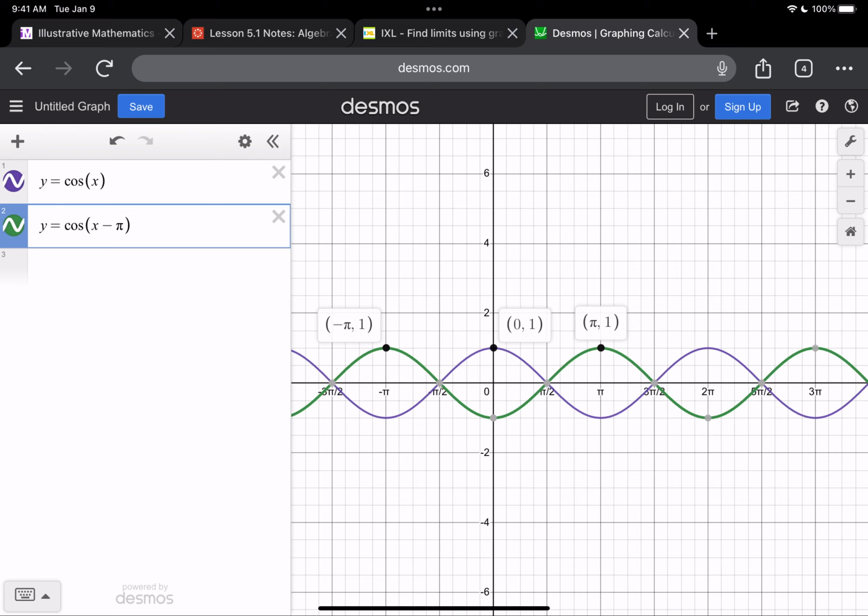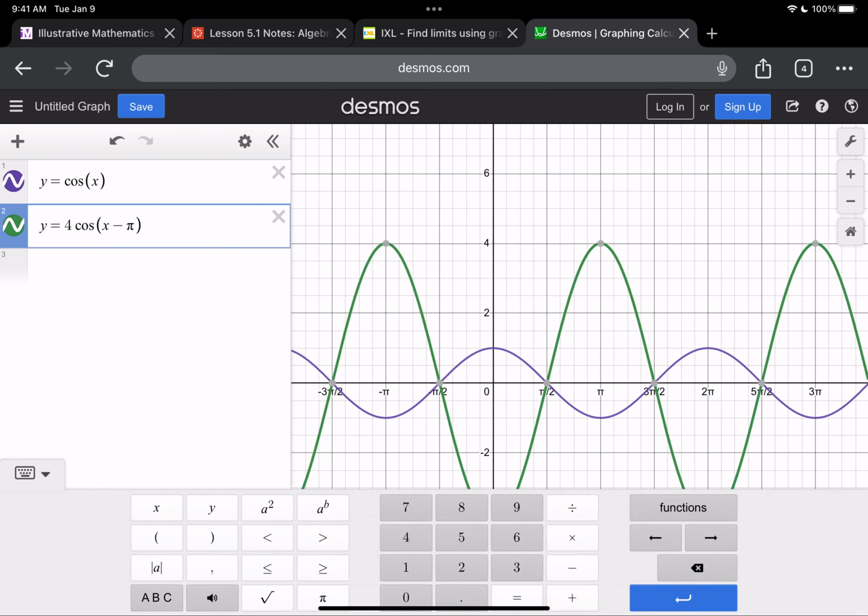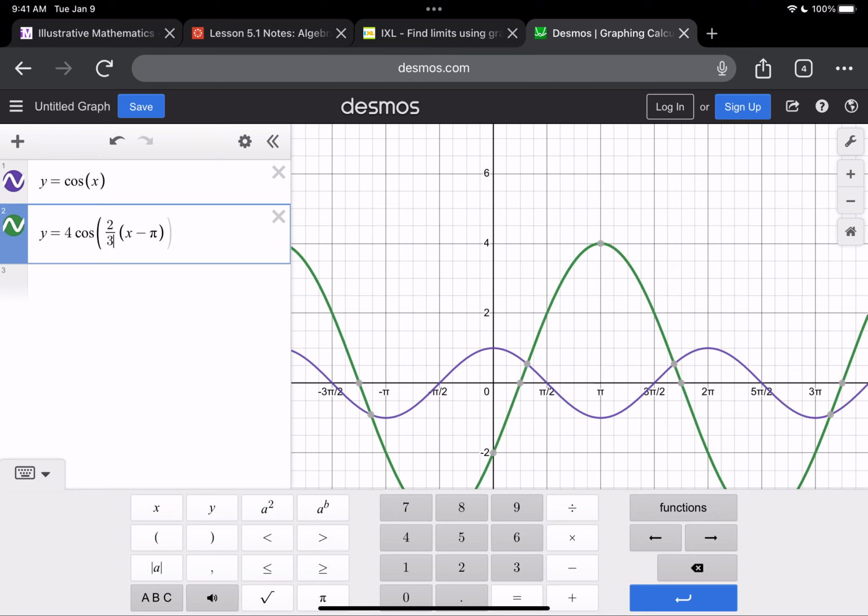And then our last shift was up 1, and I think y'all know what that looks like. It goes up 1. So we're going to do all of it together. It's going to look kind of crazy. So first, we see the 4 as the amplitude change. So that's a vertical stretch. In parentheses, I'm going to put my 2/3.